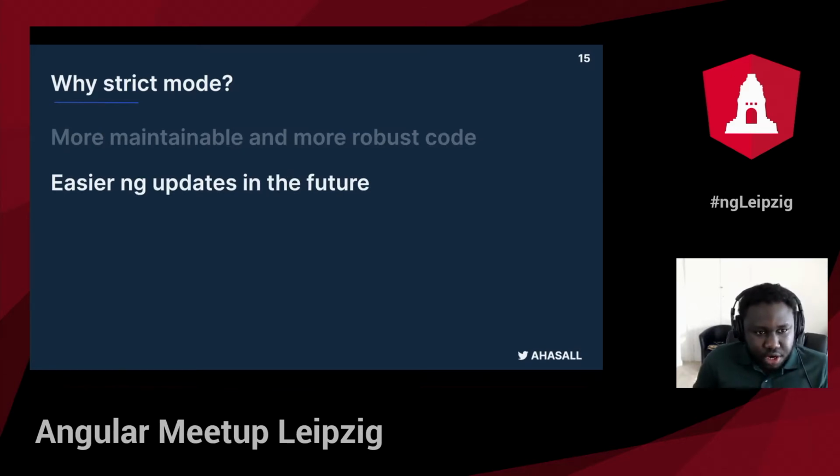It also unlocks easier ng updates in the future, because the tooling will be able to do a better job of statically analyzing your Angular application. So strict mode is a win for you as a developer. It is also a win for the Angular CLI team for the ng updates. And it is also a win for your users, because with strict mode, we will have fewer bugs.